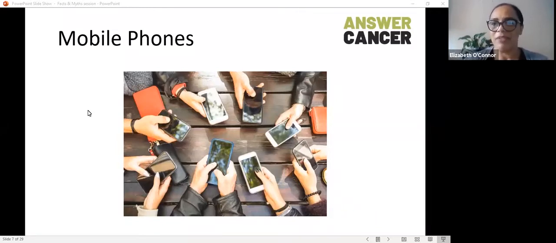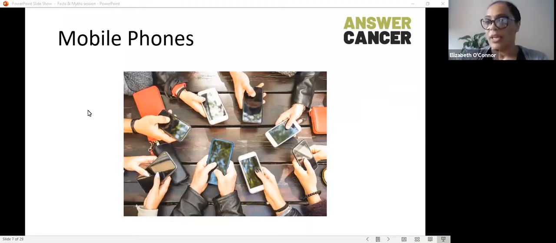I think they've been around for probably closer to 25, maybe even 30 years. There's been research studies, numerous tests. There's been study after study on mobile phones, and there's been no credible evidence today to suggest that mobile phones are linked to cancer. That's as the evidence stands today.